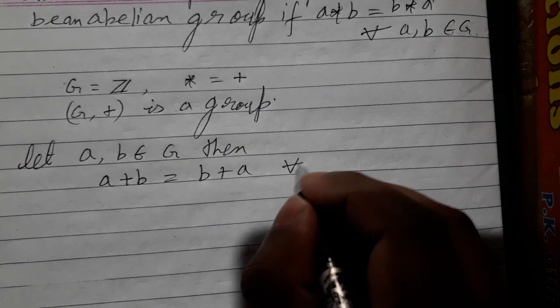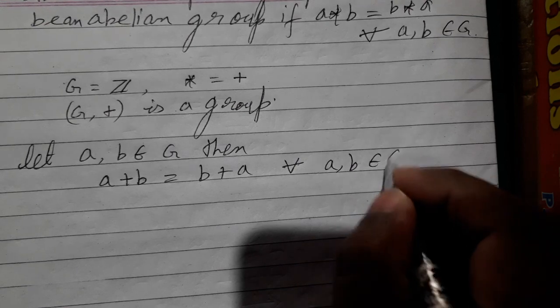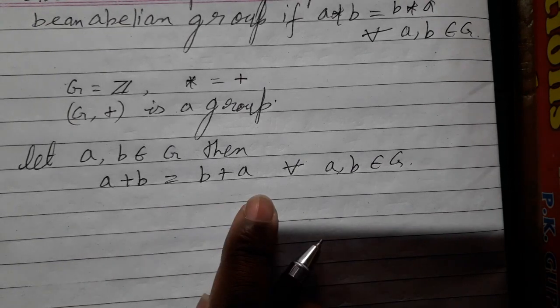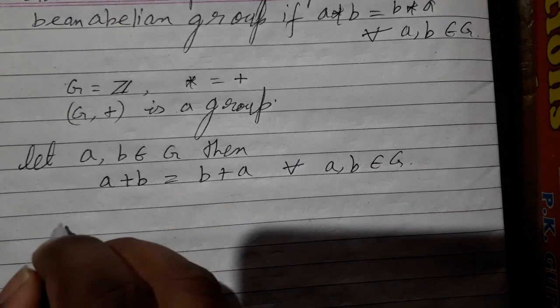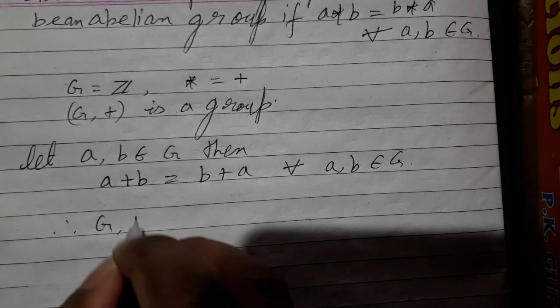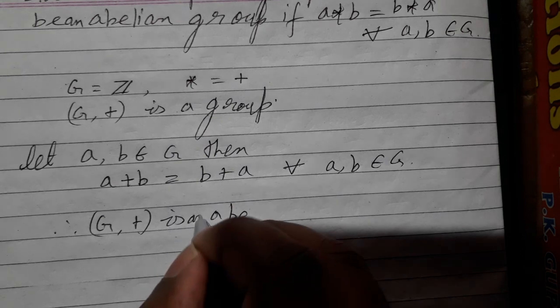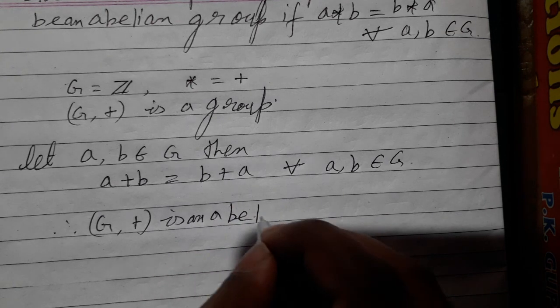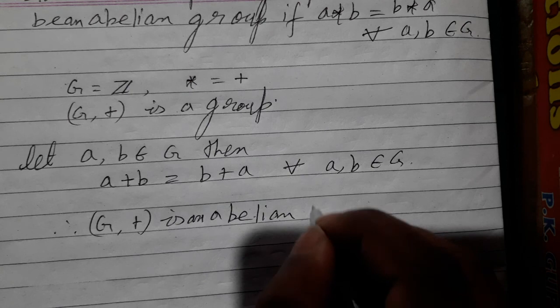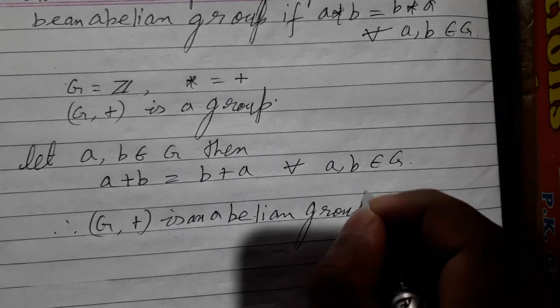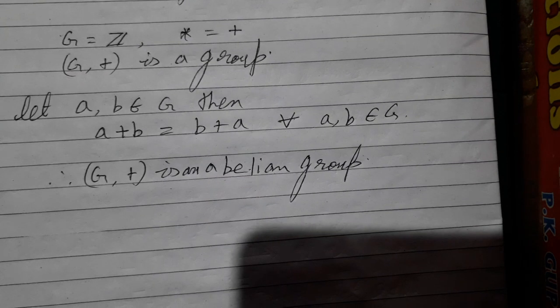So for all A, B belonging to G, A + B = B + A. That shows that G with plus is an abelian group under addition.